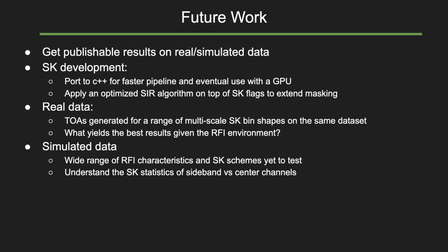So I think having at least one extra channel helps a lot. I want to do a multi-scale shape of one channel and 200 time bins to see what that looks like. I guess it also depends on the type of RFI itself. Right.